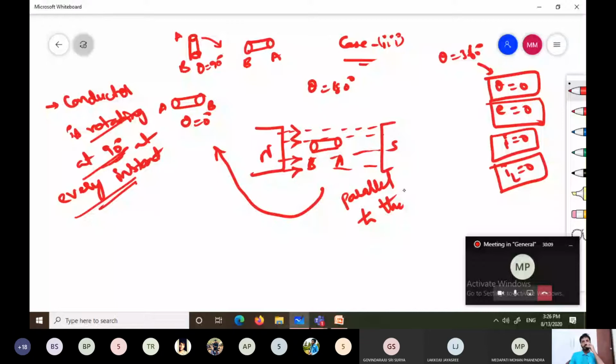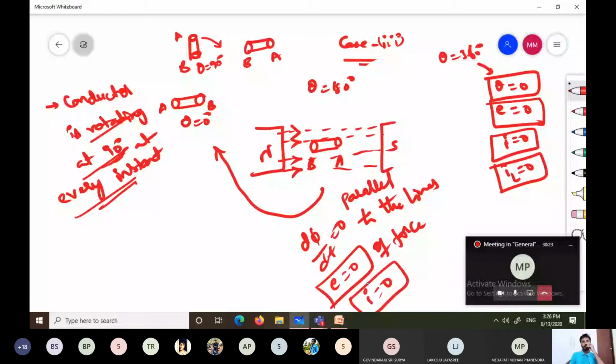The dφ/dt value is 0. E is 0. If E is 0, what happens to the coil current? It is 0. IL value is also 0. Load current value is also 0. So that means the conductor position at 180 degrees is similar to 0 degrees, but the coil direction is changed when compared with the 0 degrees case. That is the difference between the first case and the third case.